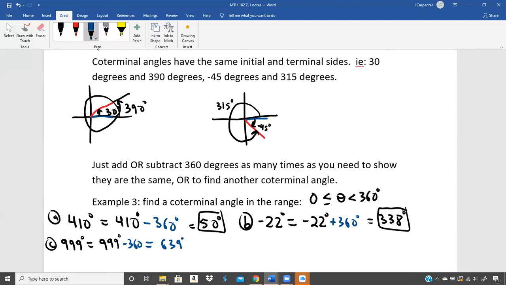That's not good enough. So what you have to do is subtract again. And if you subtract one last time, 639 minus 360 is 279 degrees. There we go. And that's in the window we want.